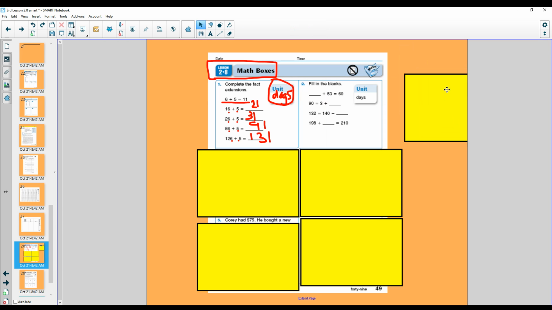All right, let's go over here. Look at, they put in the unit of days. We're counting days. What plus 53 gets us to 60? So we could count on from 53, how many do we have to add? 54, 55, 56, 57, 58, 59, 60. How many did we have to add to 53 to get to 60? 7.